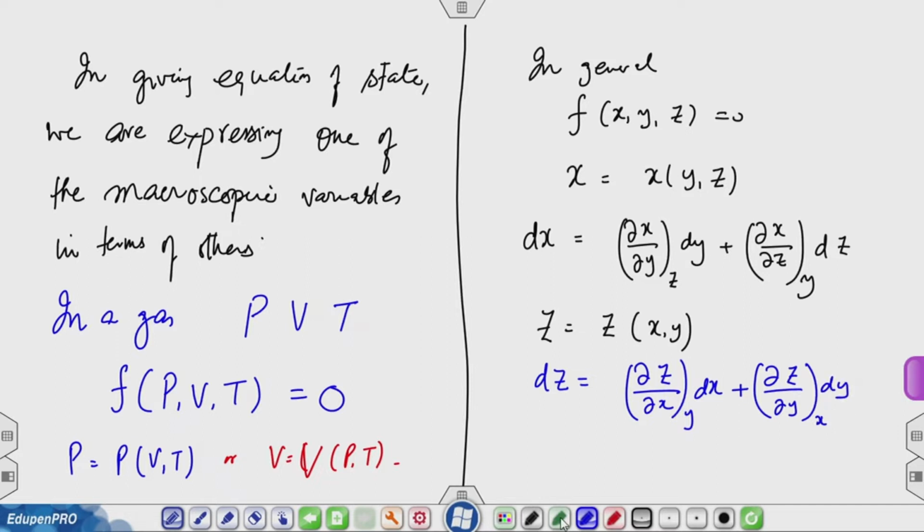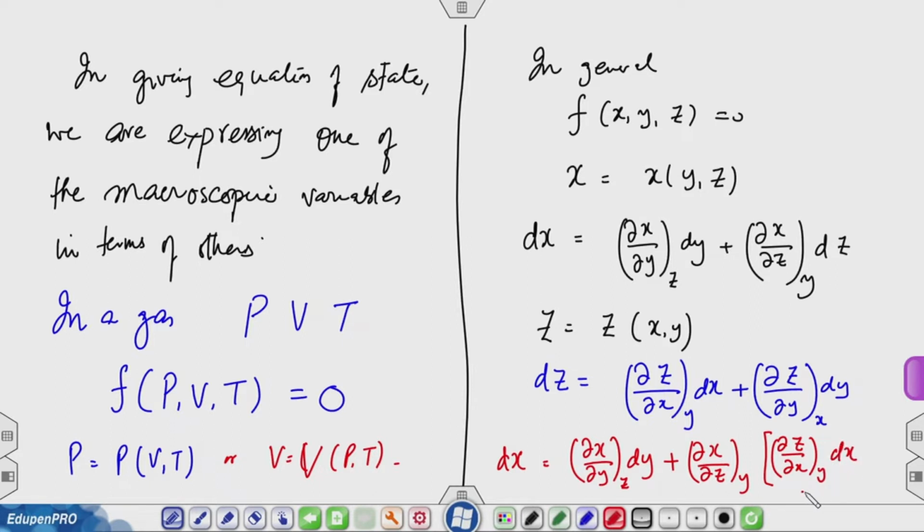And therefore, I get dx equals partial x, partial y at z, dy plus partial x, partial z at y, and for dz I substitute partial z, partial x at y, dx plus partial z, partial y at x, dy.